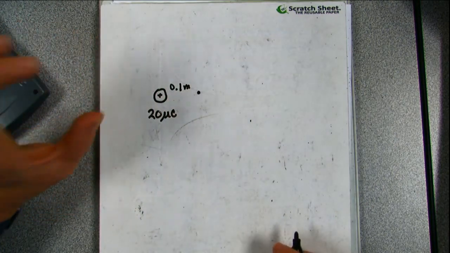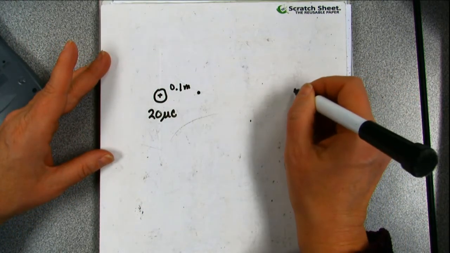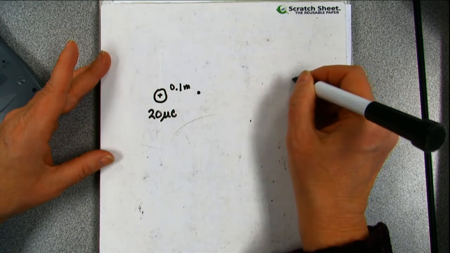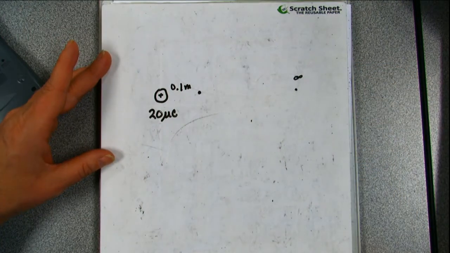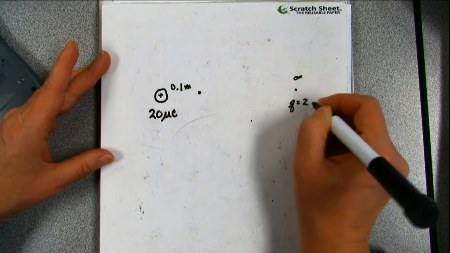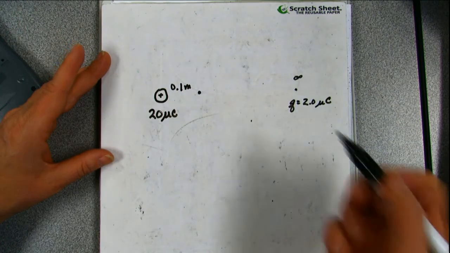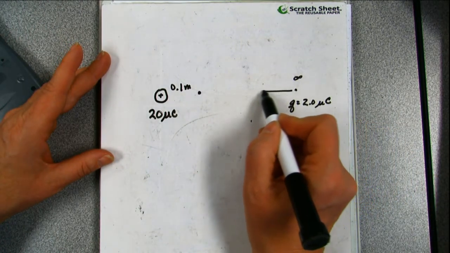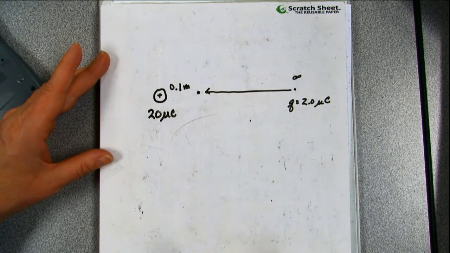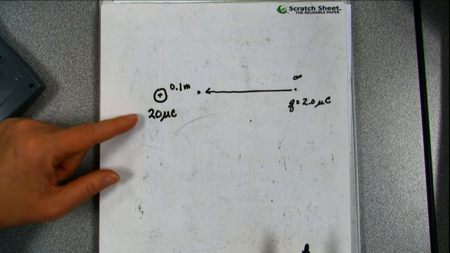We want to know the work. We're going to bring in a charge that is sitting way, way away, so we're going to say it's at infinity. That charge is a 2 microcoulomb charge. We want to know the work done to bring it from infinity to right next to our 20 microcoulomb charge.